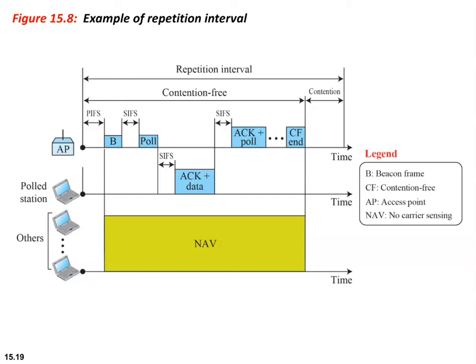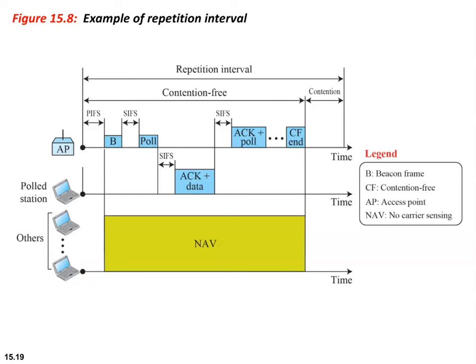When stations hear this beacon frame, they start the network allocation vector for the duration of that contention-free period. You can see that it will be till the CF end. For that duration of the repetition interval, this NAV will be activated.